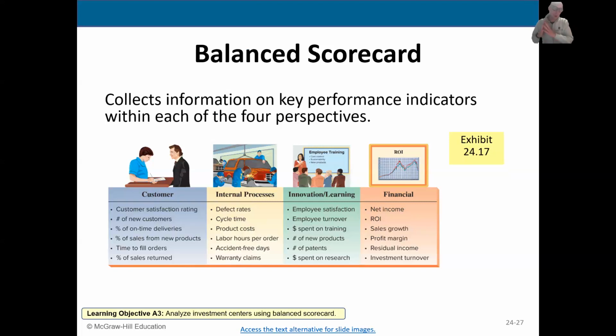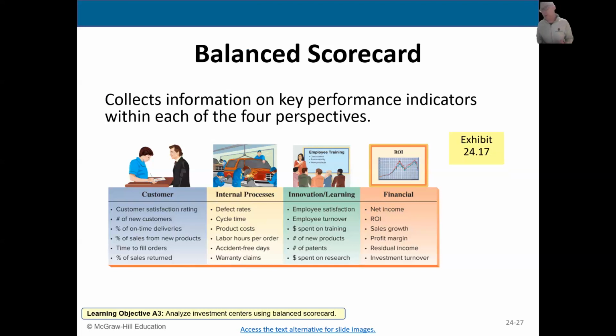When it comes to research and development, we look at how the company can improve. To do that, we look at things like employee satisfaction rates, employee turnover, new products, amount spent on research. And we also look at the financial data.